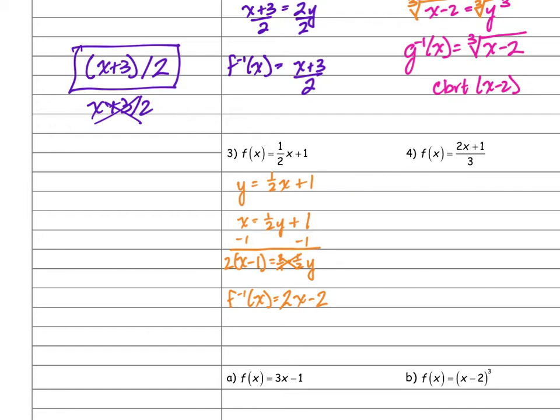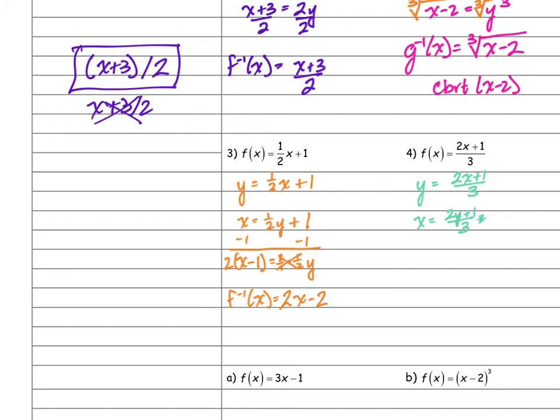Okay, so the last one, same similar thing, right? I'm going to rewrite y equals 2x plus 1, divided by 3. Exchange my x and my y. So x equals 2y plus 1, divided by 3. So now I have a fraction to start with, and Jalen actually already wrote the answer in here. I'm going to multiply by my denominator to get rid of the fraction.